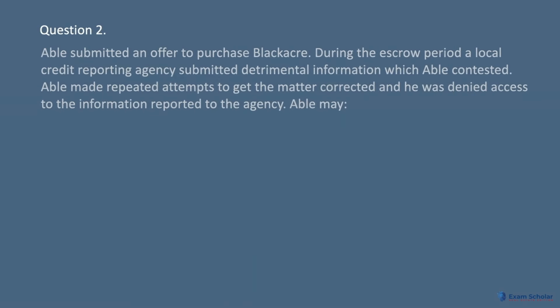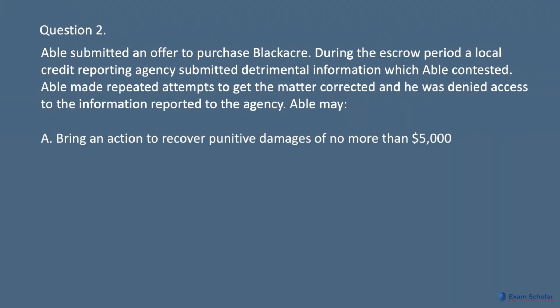Question 2. Abel submitted an offer to purchase Blackacre. During the escrow period, a local credit reporting agency submitted detrimental information which Abel contested. Abel made repeated attempts to get the matter corrected and he was denied access to the information reported to the agency. Abel may A. Bring an action to recover punitive damages of no more than $5,000.